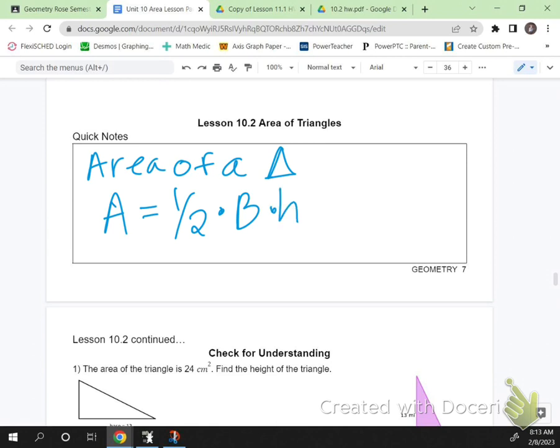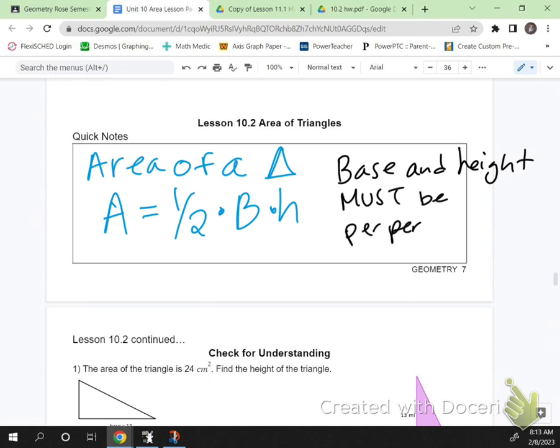The big note that you need to make is the base and height must be perpendicular, 90 degrees.